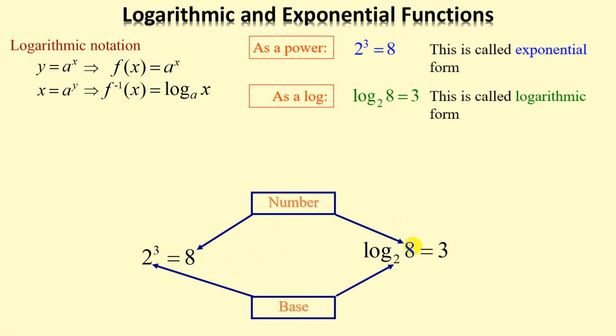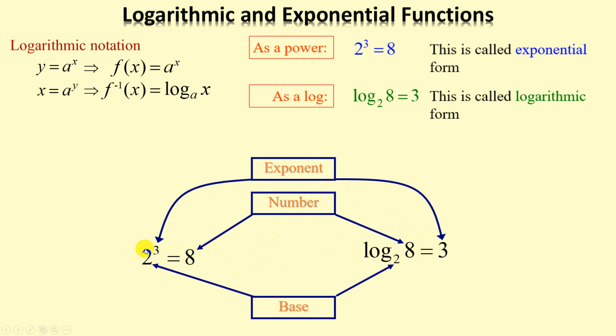So the number, you'll see where the number goes inside the log. And then there is the exponent, 3, which actually tells you that a log is equal to that 3, which is the exponent. A log is an exponent. And they follow all the exponent rules.